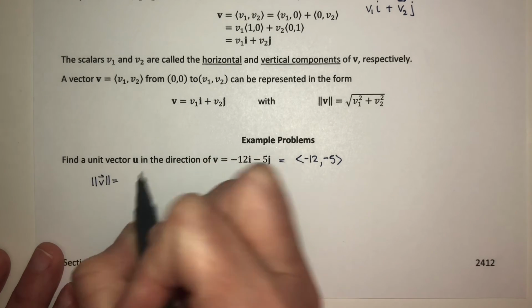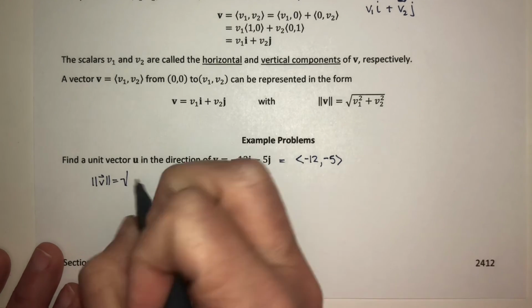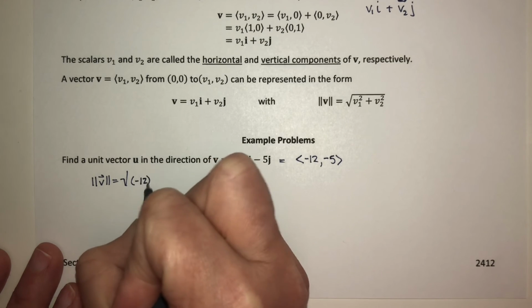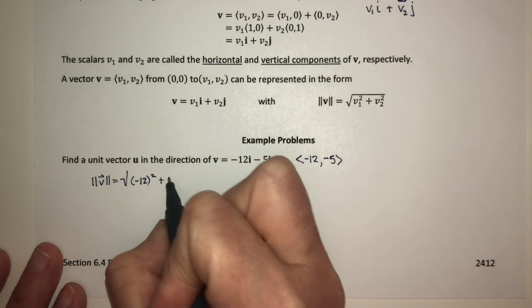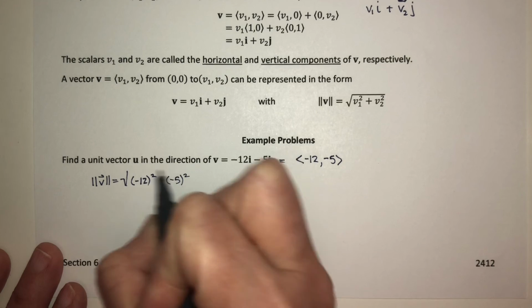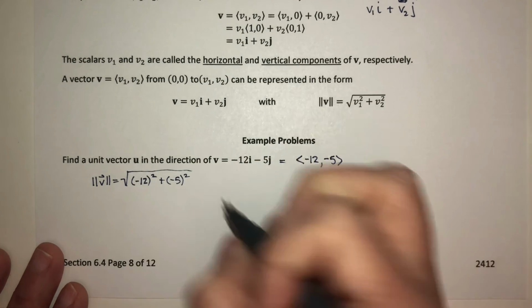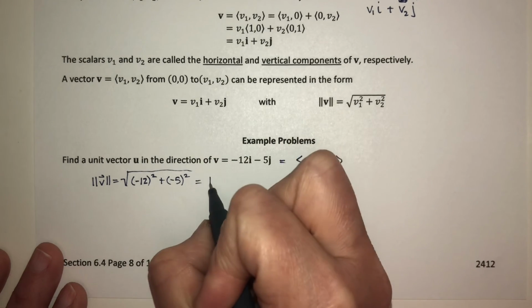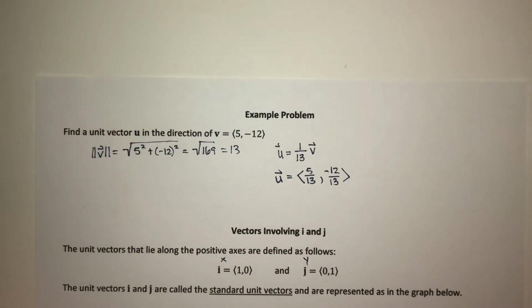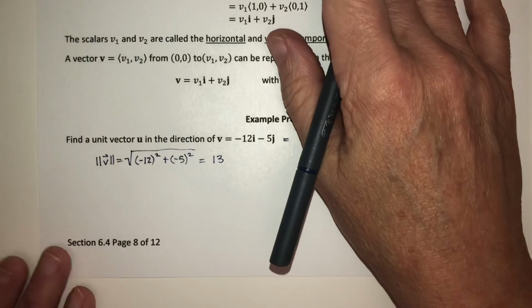And the magnitude of v will be the square root of negative 12 squared plus negative 5 squared. And just as above, this ends up being 13. On a previous problem, we had different signs, but once you square them, it doesn't matter, and you end up with the same value.